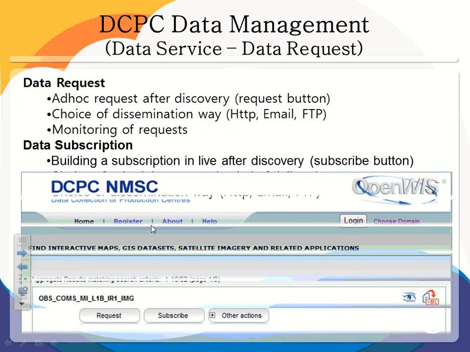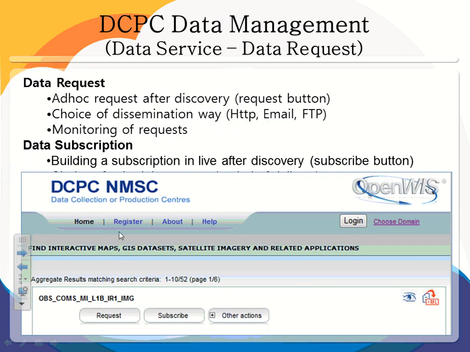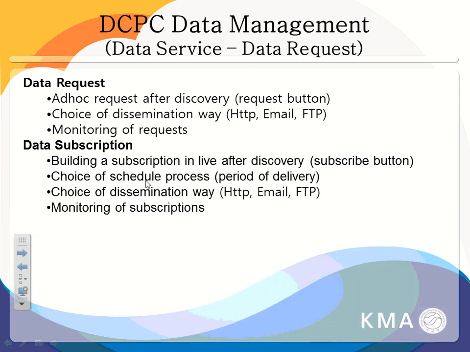Okay. So data request and data subscription here also. I can request data to download and see the data in ad hoc request just after discovery, and also I can choose the dissemination approach if I want to get the data by email regularly, or if I want to get the data with FTP.